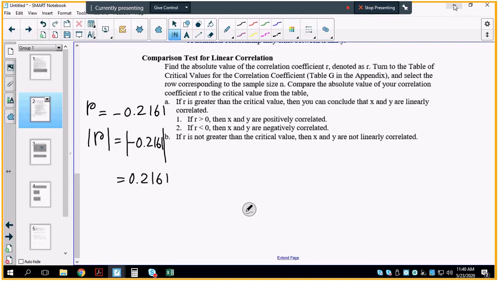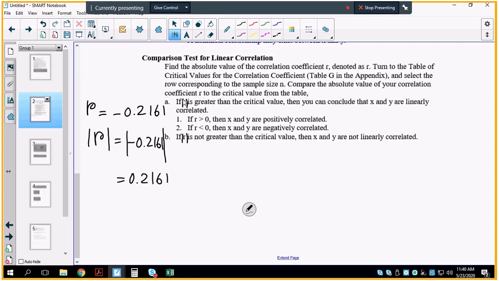So in both instances, when you are checking the deterministic behavior of the correlation, you are going to find the absolute value of the correlation coefficient. So I should say that these are absolute values. If the absolute value of the correlation coefficient is greater than the critical check value you found for the problem, then the variables are related. Depending on the sign, if r is positive, you get to say there is a positive relationship.